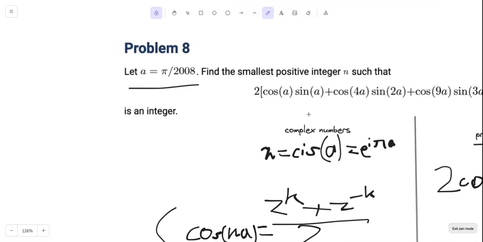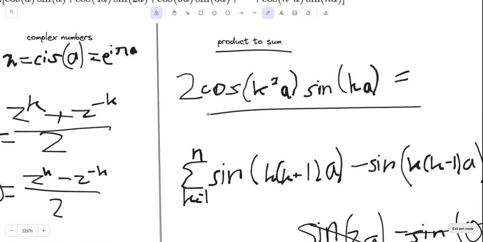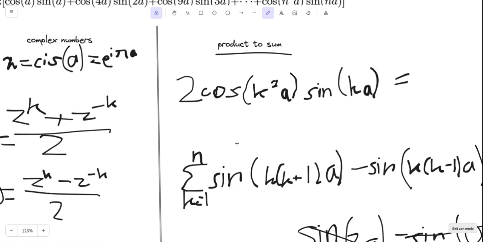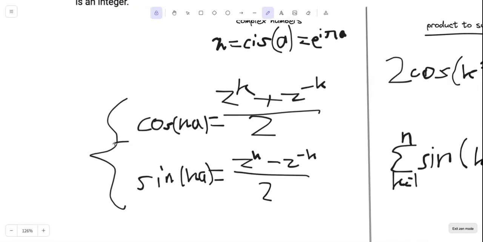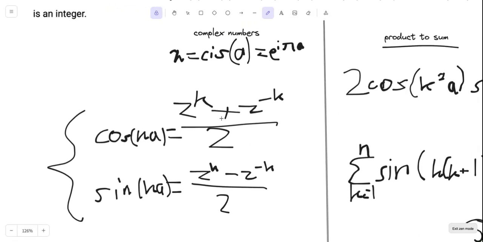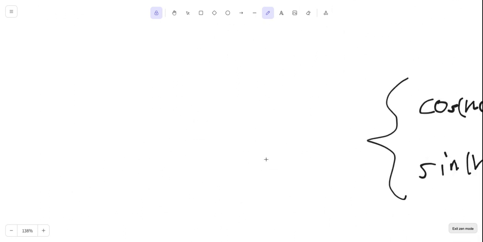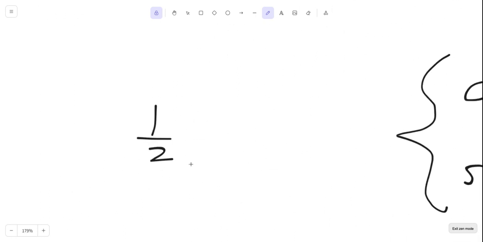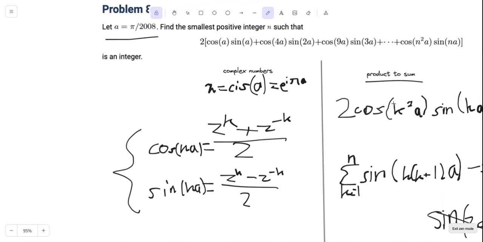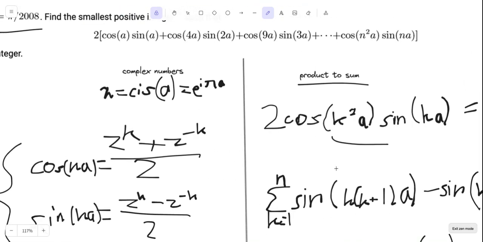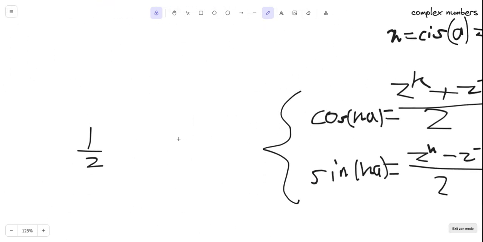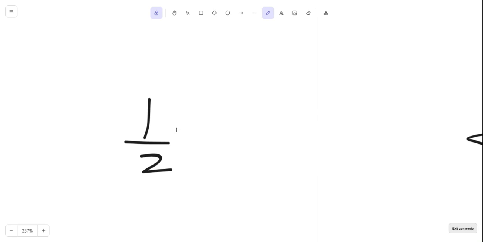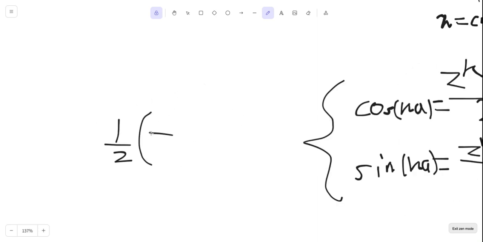Okay, be careful. Now, our general term over here. So how will we get that? And I'm also going to include the 2. So if we multiply these together and then also multiply by 2, we're still going to have 1/2 left over. Not 1/4, but 1/2 this time. And we need cosine of k squared a and then sine of ka. So cosine of k squared a would be z to the k squared, not 2k.